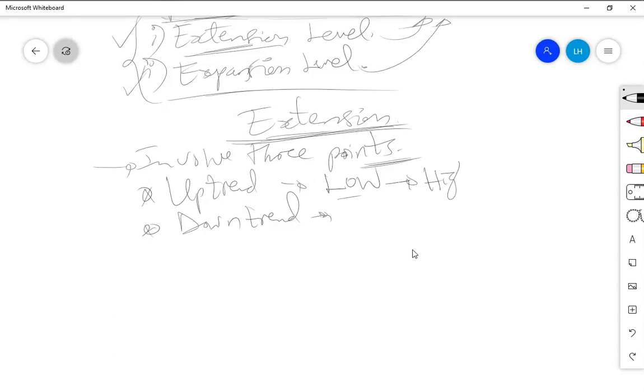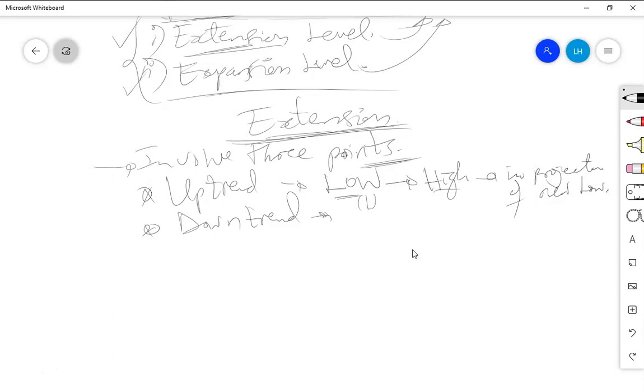We are taking the low to the high in the projection of the new low. I can write this as the projection of a new low. So we have three points.